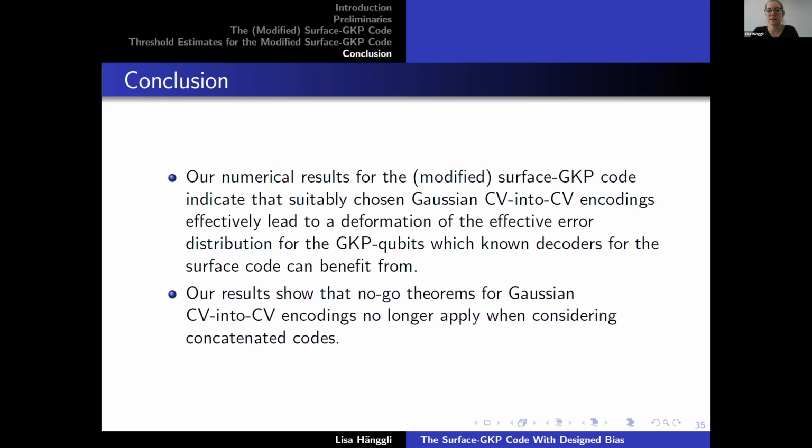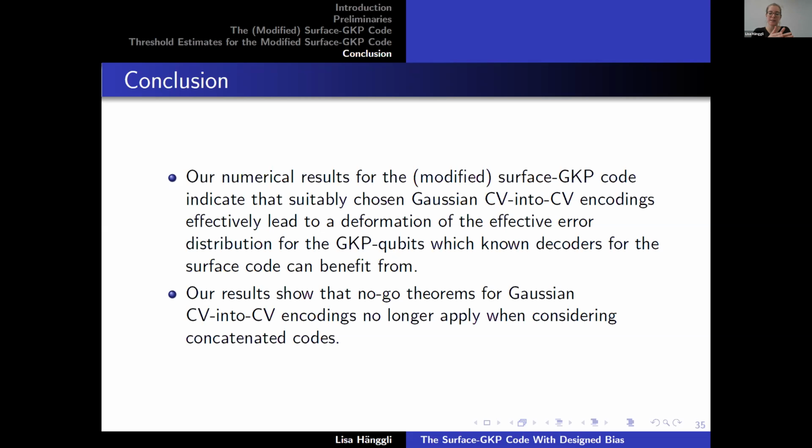The thing is, these no-go theorems tell us, and this still applies here, that if we use Gaussian encodings, then we can maybe make the noise in one quadrature smaller, but not in both. You can see this with the standard deviations. If you divide the deviation in one quadrature by some amount, then you have to multiply the standard deviation of the other quadrature by the same amount. The smaller you make it in one direction, the bigger you make it in the other.